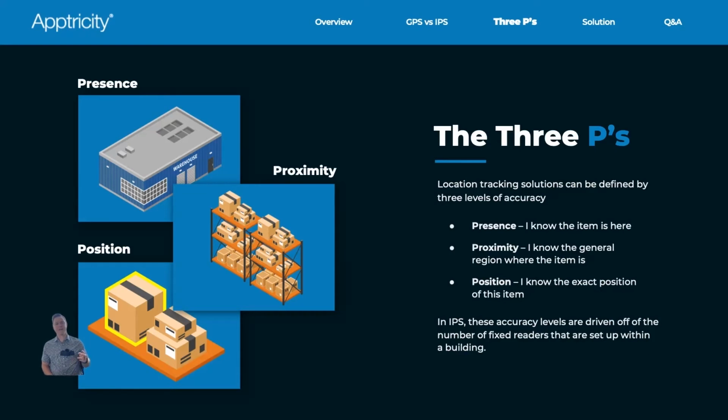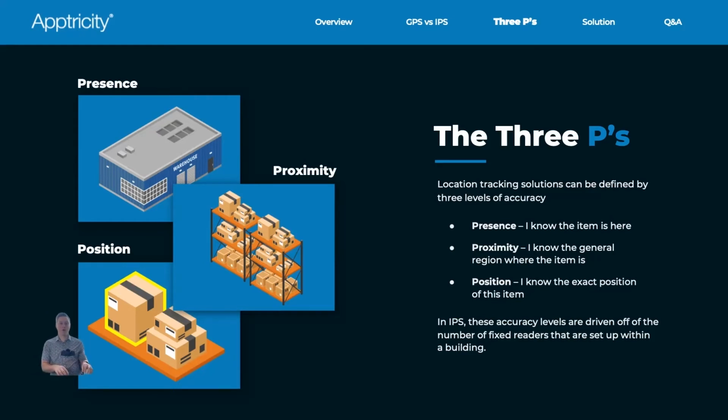So if I have 2 or 3 scanners, I can say with a high level of confidence that it's within this 10-meter range. But as I move down the ranges, I may only be able to say with a low level of confidence that it's within this 3-meter range, right? So we have reliability of the data, confidence in the data, and location accuracy.